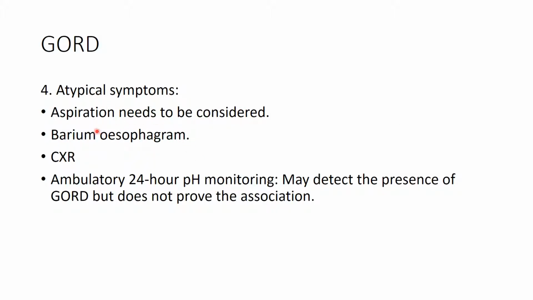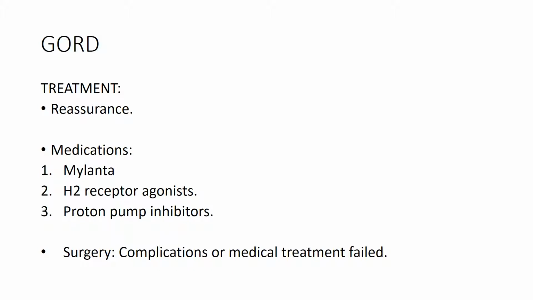Atypical symptoms: aspiration needs to be considered. Barium esophagogram, chest X-ray. Remember, ambulatory 24-hour pH monitoring may detect the presence of GORD but does not prove the association. Are you remembering? Are you concentrating?